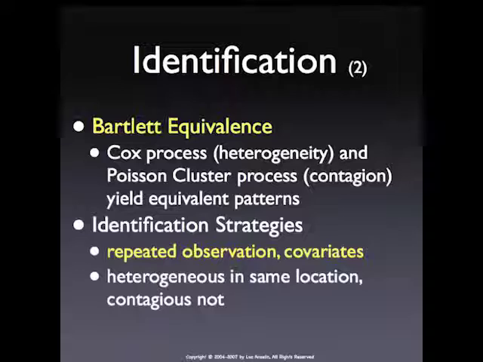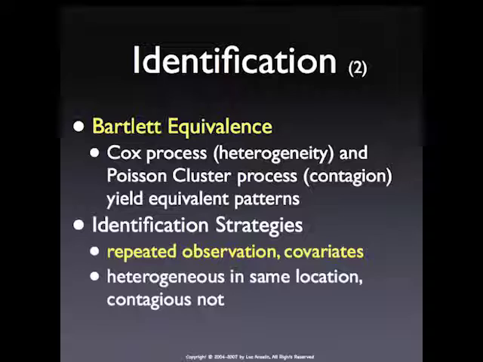Same here. If you look at these patterns, and the clustering is caused by heterogeneity, you know, it's caused by bad water. If we look tomorrow, the water is still bad. If we look in a month, the water is still bad. So the clusters for a heterogeneous pattern will tend to happen in the same spot over and over and over. But with a contagious process, that's not the case, because it doesn't really matter where the person lives that carries the virus.